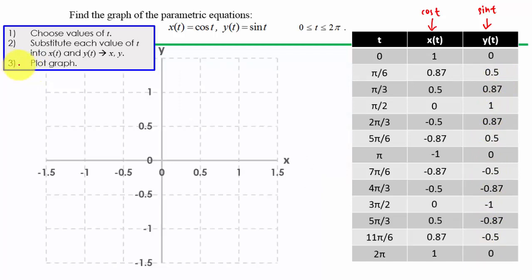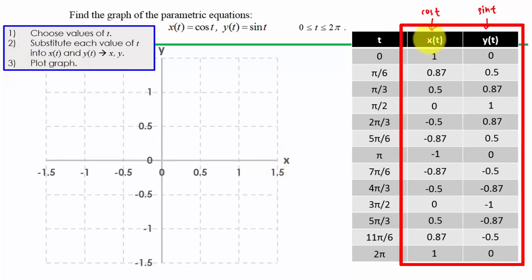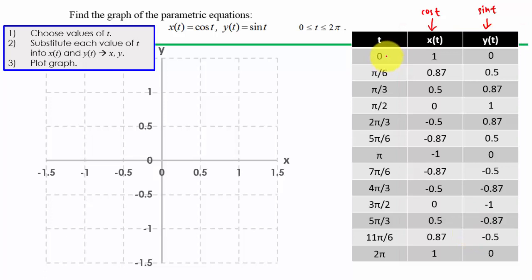Now, let us plot the graph on our axis. We will use this set of values of x and y to plot our graph. So when t is equal to 0, x is equal to 1, y is equal to 0, which corresponds to this point.